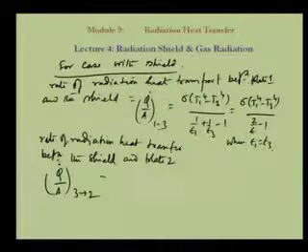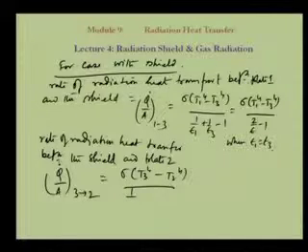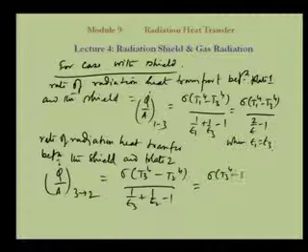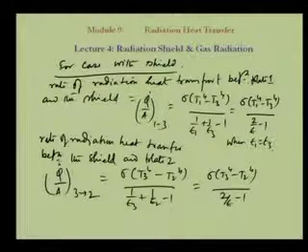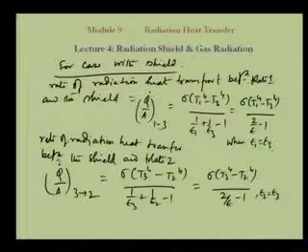Okay. That will be equal to sigma (T 3 to the power 4 minus T 2 to the power 4) divided by (1 by epsilon 3 plus 1 by epsilon 2 minus 1). Okay. And that becomes sigma into (T 3 to the power 4 minus T 2 to the power 4) by (2 by epsilon minus 1). So, here again the assumption epsilon 2 is equal to epsilon 3 is being taken.